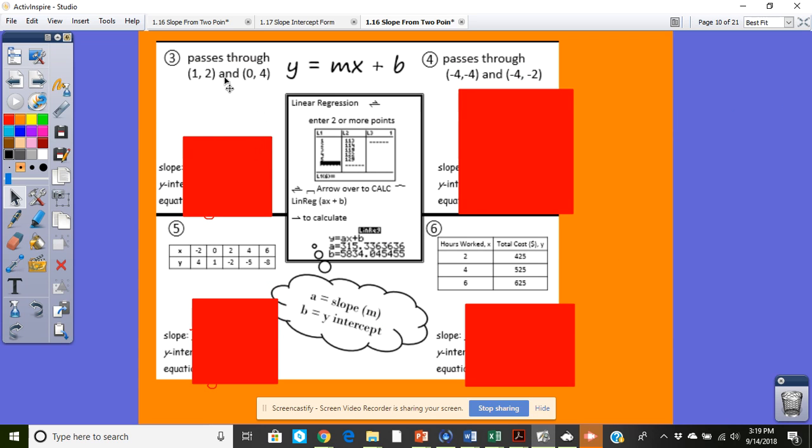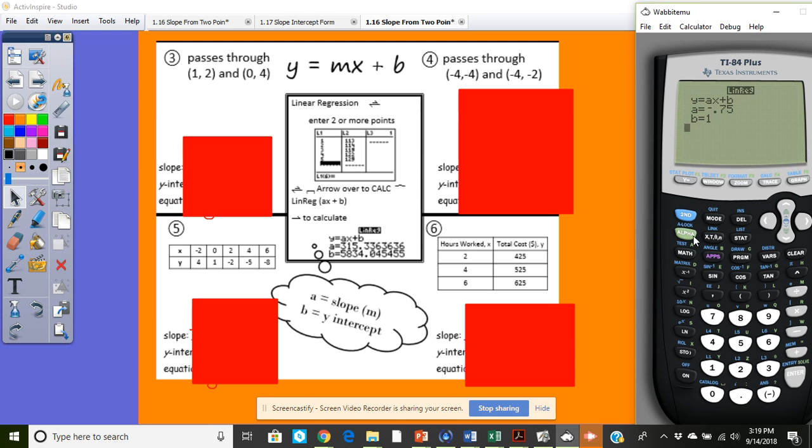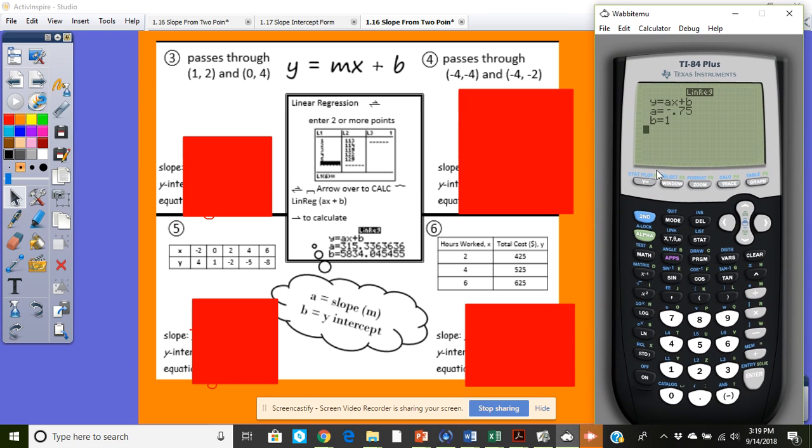All right, so now they've given us just 2 points. So in our calculator, again, make sure you're clearing your list. We just put our ordered pairs in a list. So my x's are 1 and 0. My y's are 2 and 4.